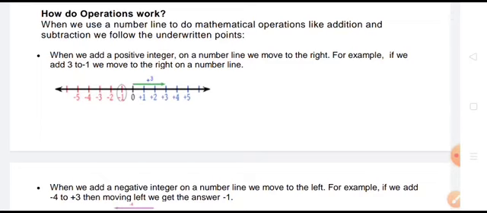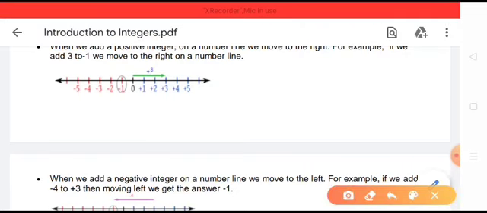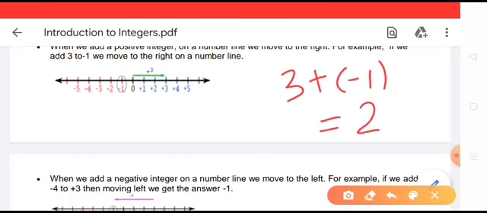First, when we add a positive integer on a number line, we move to the right. For example, if we add 3 to minus 1, we move to the right on the number line. Now, 3 plus minus 1 will be 2.